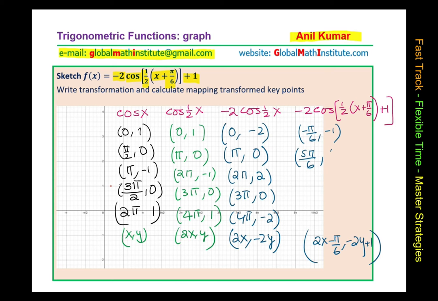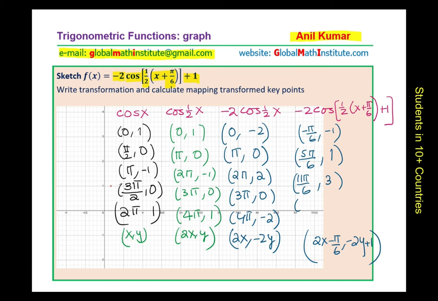0 plus 1 is going to be 1. 2 pi minus pi by 6 means 12 minus 1, which is 11 pi by 6, right? And 2 plus 1 is 3. The next value, which is 3 pi, 0, will now be 3 pi minus pi by 6. 6 times 3 is 18, minus 1 will be 17, right? 17 pi by 6, 0 plus 1 is 1.